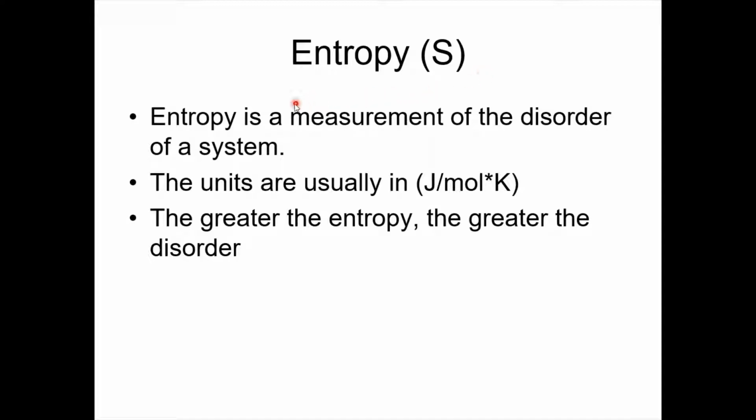Entropy, if you look at the first bullet point here, entropy is a measurement of the disorder of a system. So whereas enthalpy is how much energy is coming in or out, entropy is measuring how much disorder. Now, most of the time, we really don't think about measuring disorder, right? Whether your room is organized or whether it's a mess, we don't think about measuring that.